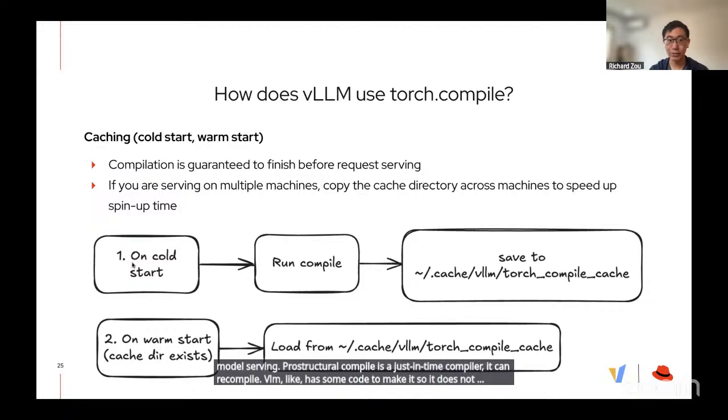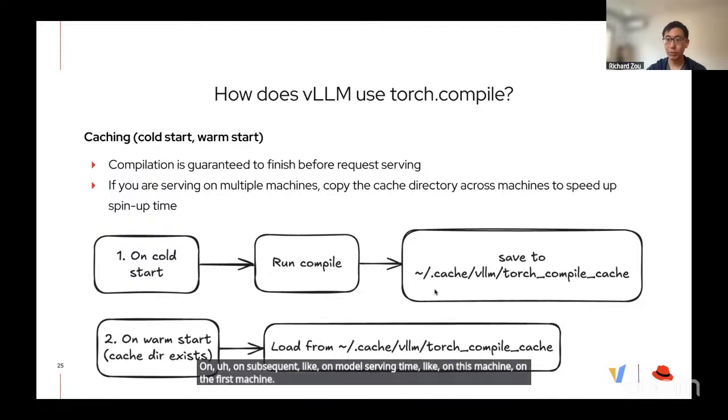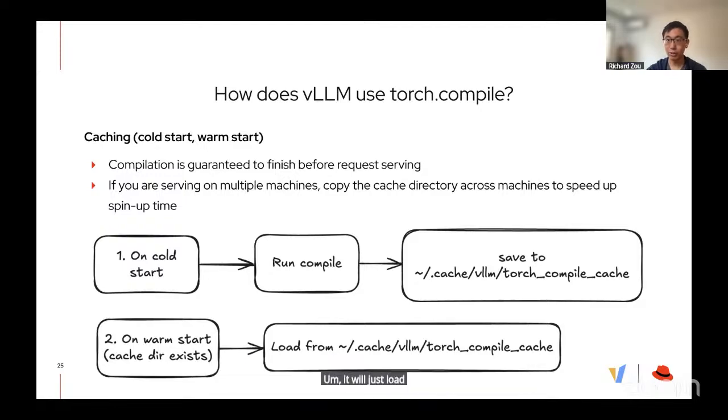On a cold start, when you're booting up a model on a machine for the first time, vLLM will run the compile step, and it'll save the produced artifacts to a torch compile cache. At model serving time on this machine, it will just load up the artifact and run it.